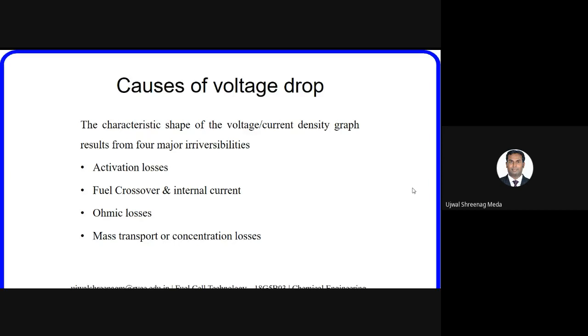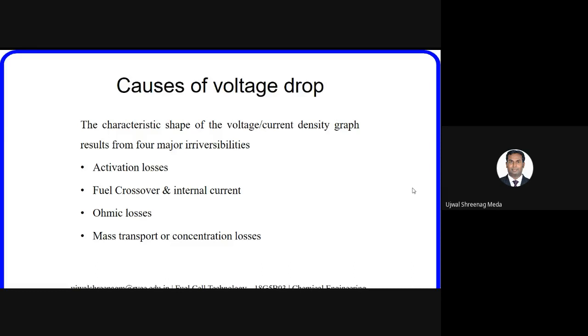The second part, the internal current. The electrolyte is meant to transport ions only. Ideally, the basic role of electrolyte is to conduct ions between the electrodes. So it is not meant to conduct the electrons. However, practically, a few electrons which are supposed to move through the external circuit will move through the electrolyte, which is defined as internal current.